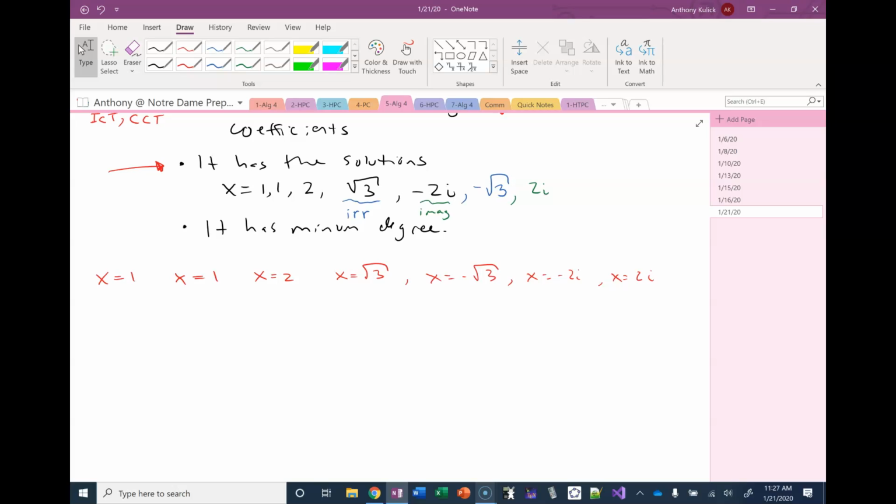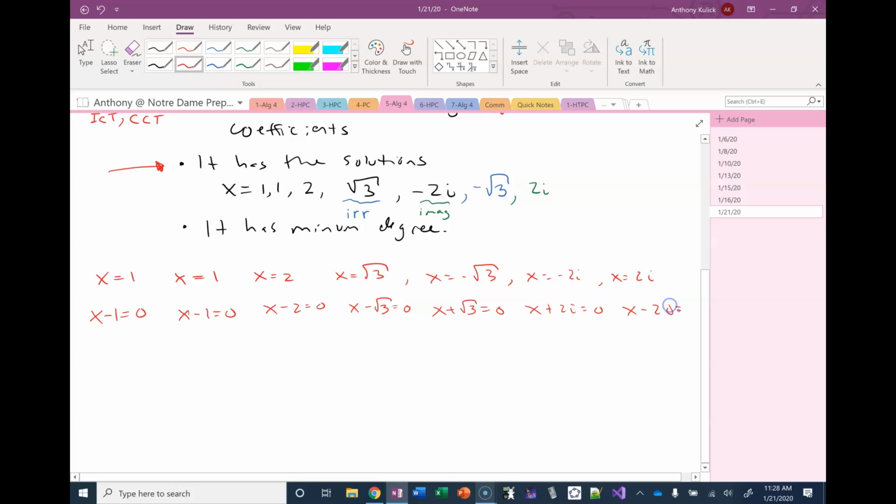They have an equal sign in them, is get them equal to 0. So for x equals 1, I'm just going to subtract 1 from both sides. For x equals 2, I'm going to subtract 2 from both sides. For x equals the square root of 3, I'm going to subtract the square root of 3 from both sides. And I'm going to add the square root of 3 to both sides. I'm going to add 2i to both sides. And then I'm going to subtract 2i from both sides.